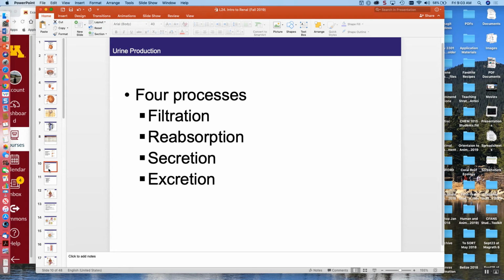Secretion is actually taking molecules and fluid from the blood and delivering it into the nephron to be eliminated when you urinate. That's secretion. Excretion is the process of urination. Micturition, excretion. All right, so first let's focus on filtration.